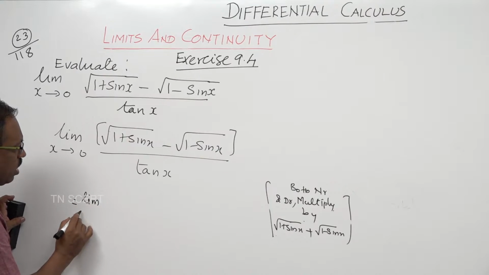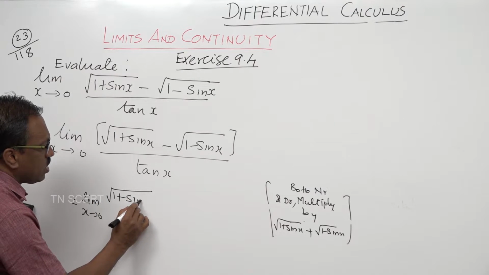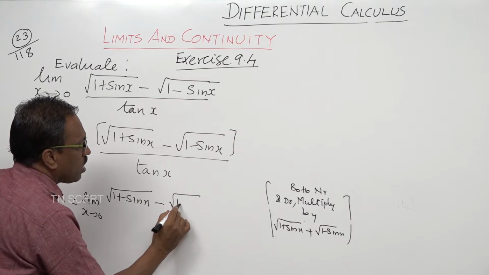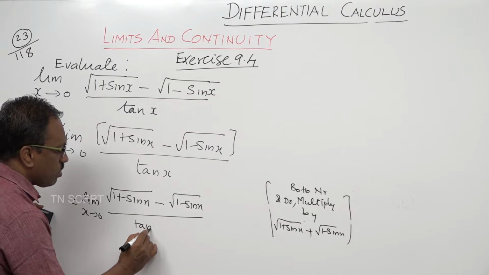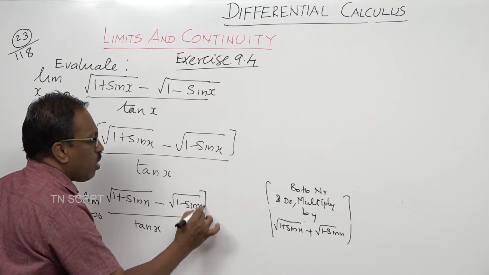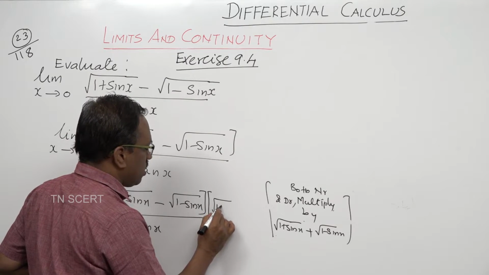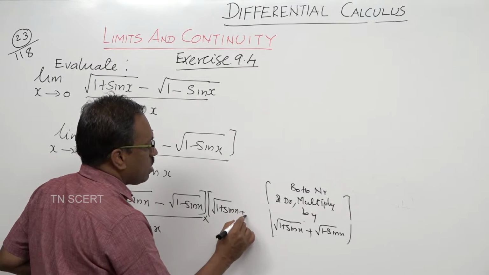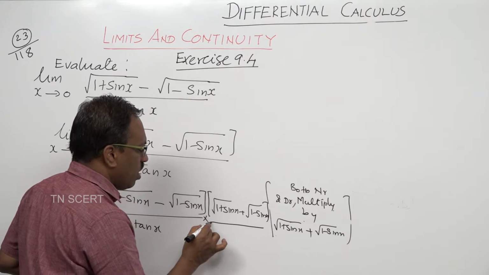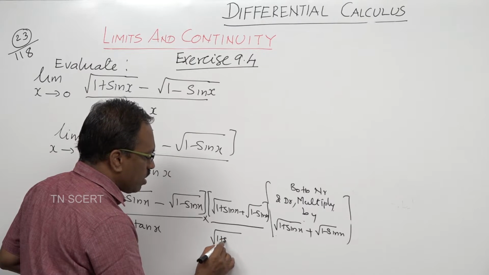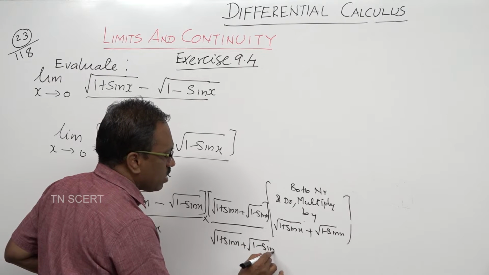So, limit x tends to 0 of square root of 1 plus sin x minus square root of 1 minus sin x, whole divided by tan x. As I told you, what I am going to do here is multiply by root of 1 plus sin x plus root of 1 minus sin x, remember that, whole divided by root of 1 plus sin x plus root of 1 minus sin x.